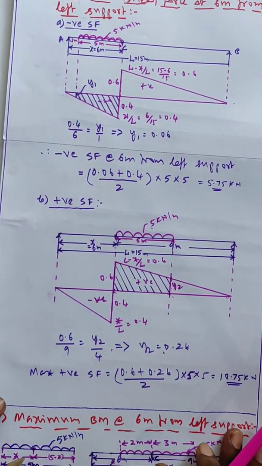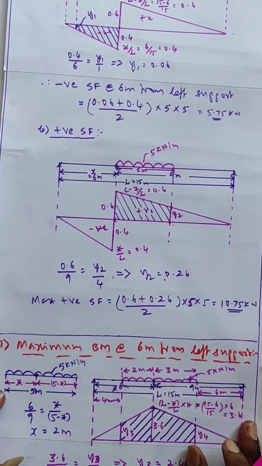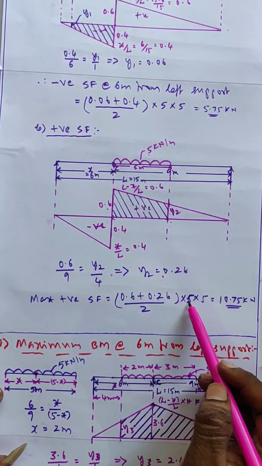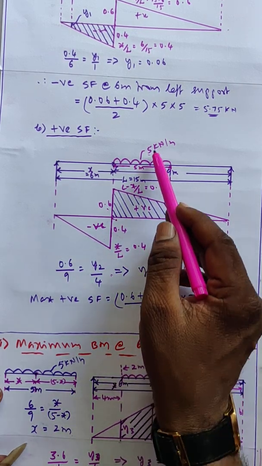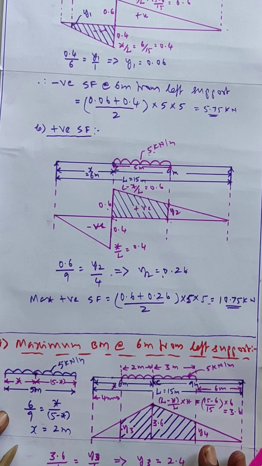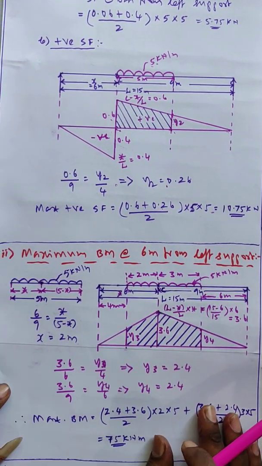We can get the positive shear force. So it is 0.6 plus 0.26 by 2 into 5 meter is the length into intensity 5. It is 10.75 kilonewton.